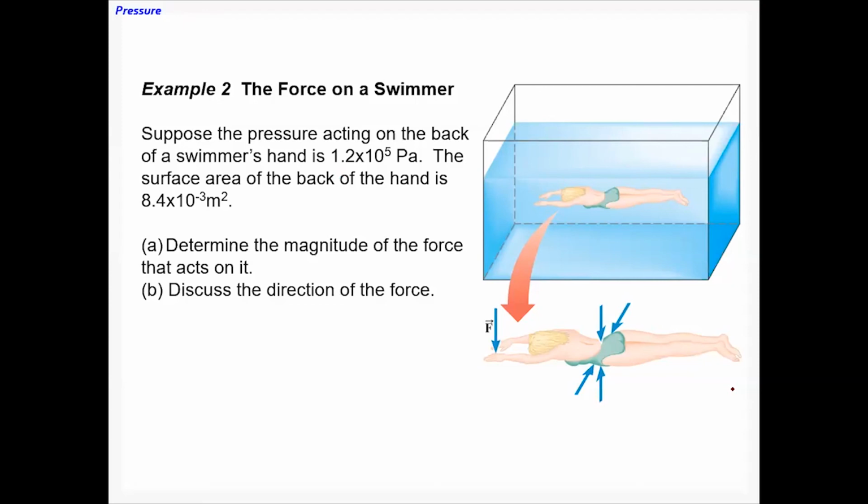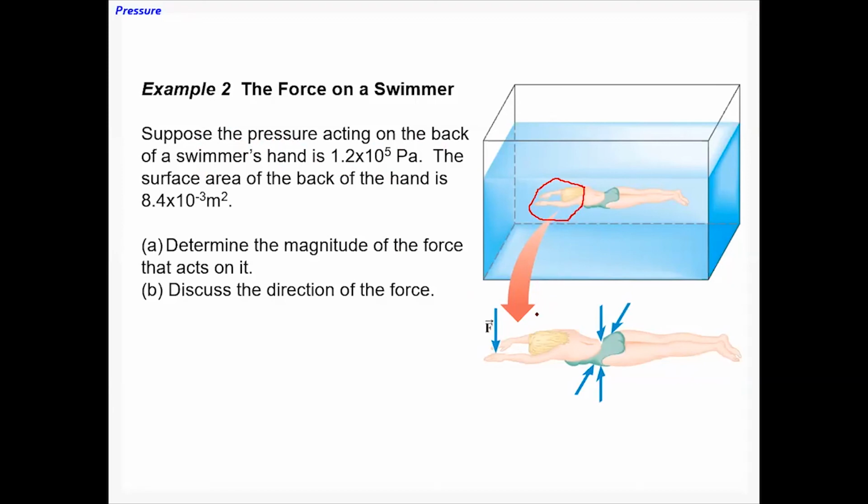So, force on a swimmer. You see the swimmer on the slide, right? The guy is swimming there. Let's figure out the force on the swimmer. What is given? The pressure acting on the back of the swimmer's hand. So we're just talking about the back of the hand, this area here.